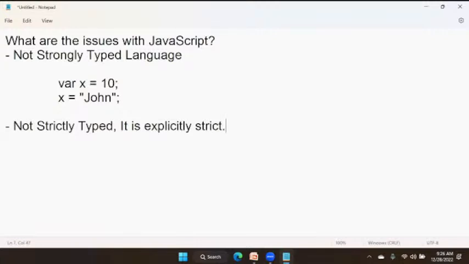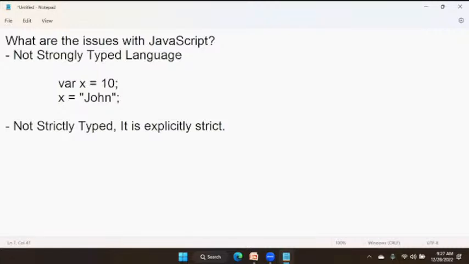What is meant by strictly typed? Strongly typed means data type. Strictly typed means if a developer is writing a program without following some standards of programming, some programming languages allow that. Even if you don't write according to the standards, they will allow.